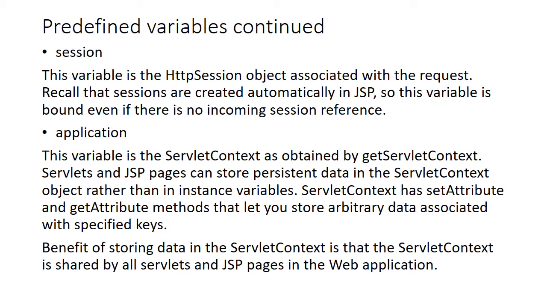Usually we store data in regular local variables in a particular JSP page, but however we can use the application object to store the persistent data which can be shared by all the servlets and the JSP pages in the web application. If you are storing your data using instance variables, then it is available only in that page.